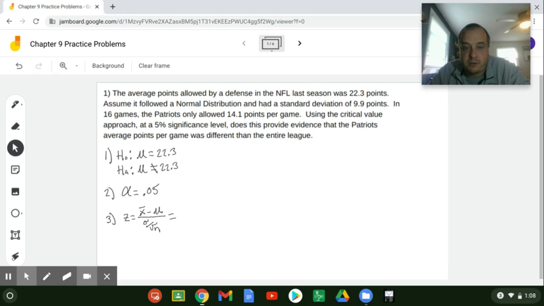So if I plug everything in here, 14.1 minus 22.3 over my population standard deviation, which is 9.9, divided by the square root of my sample size, which is 16. So I'm going to do that in my calculator here.